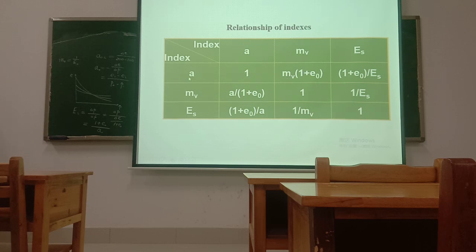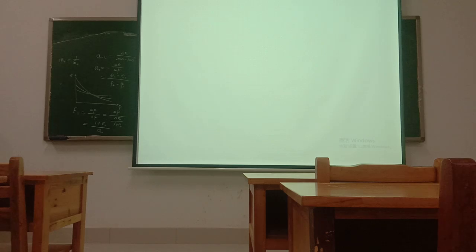Here A equals MV times 1 plus void ratio e0. Okay, and A equals (1 plus void ratio e0) divided by the confined modulus. Okay, and another equation. The three parameters have a relationship.